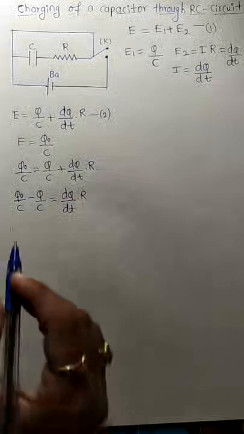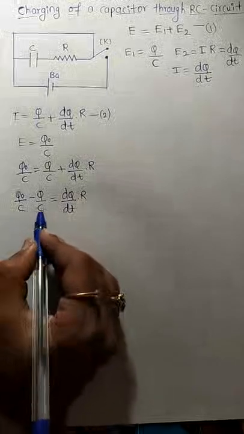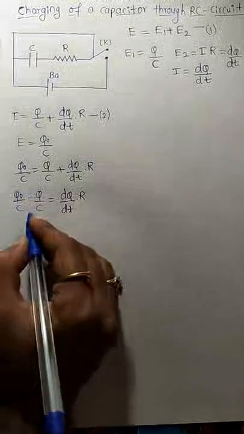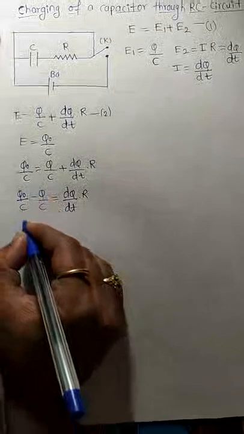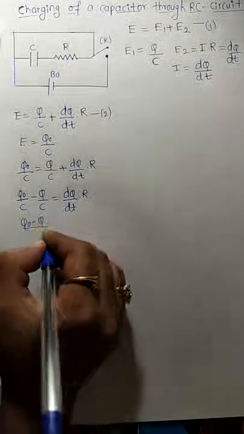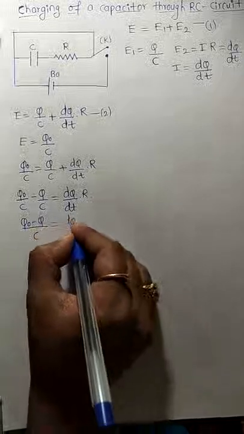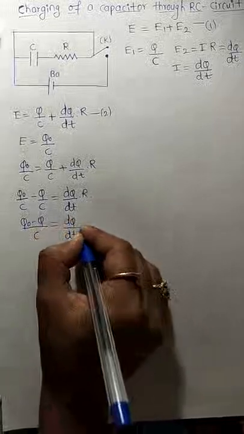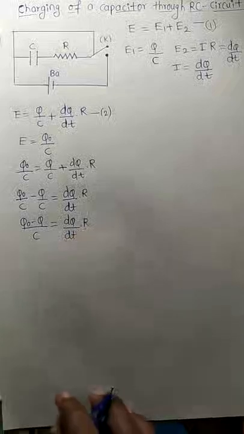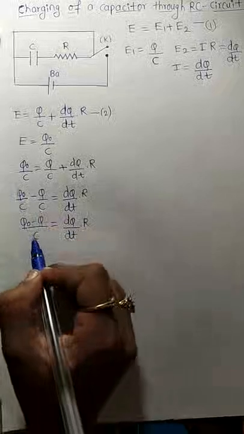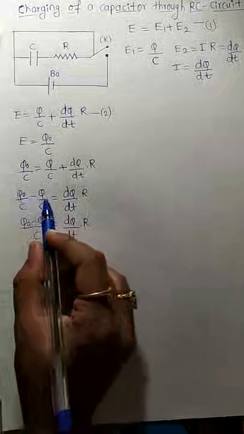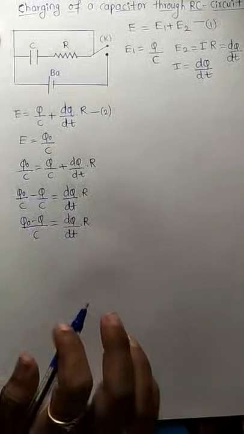Now as the LCM is the same for both, what will be this answer? Yeah, this answer is Q naught minus Q divided by C, which is equal to dq by dt into R we got. Okay. As the LCM is the same, we took C common. So what will be the numerator? Q naught minus Q. So we got the value.